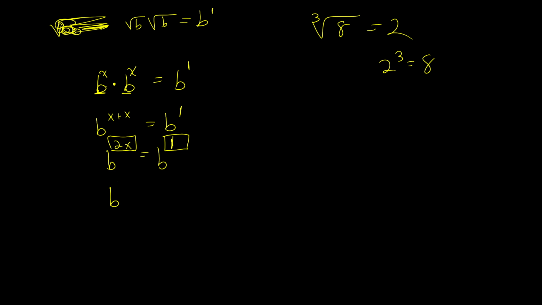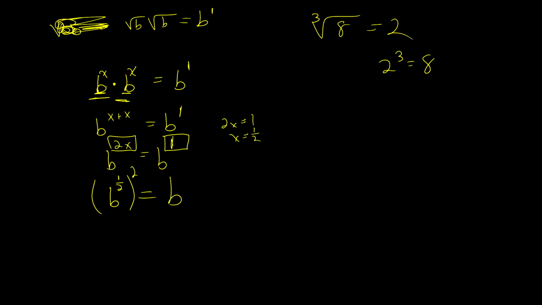And so 2x equals 1, x equals 1/2, or b to the 1/2 squared equals b. Right? So multiplying anything by itself is squaring it. And so b to the 1/2 squared is b.